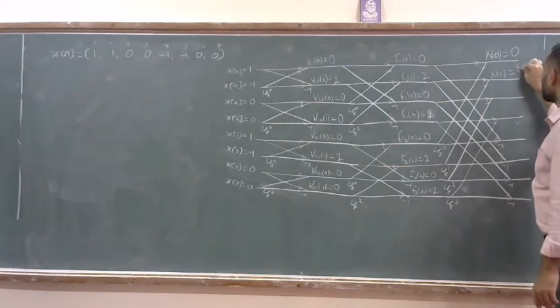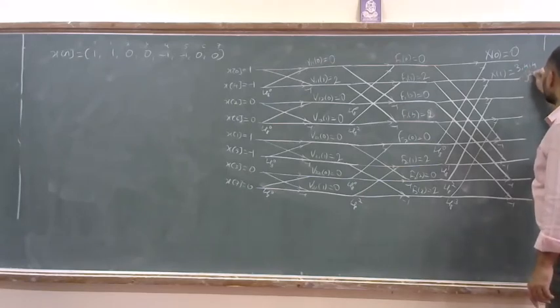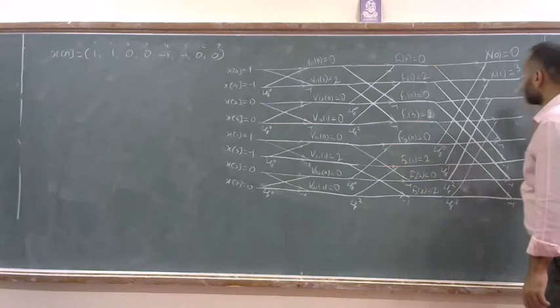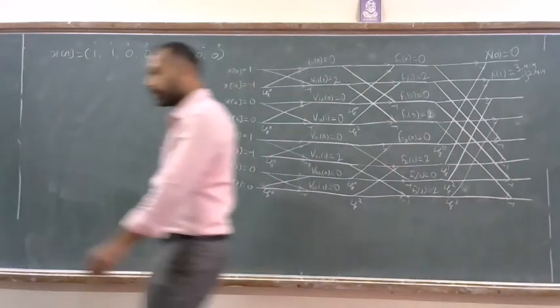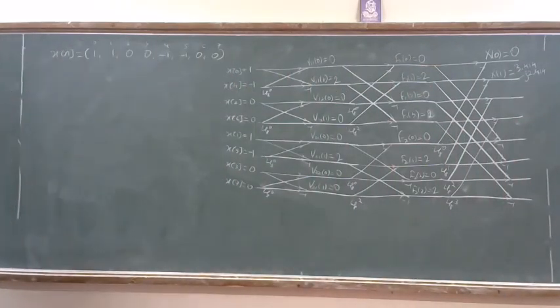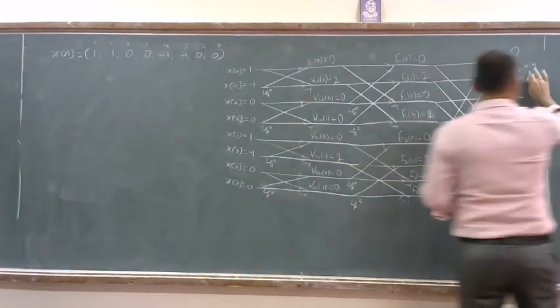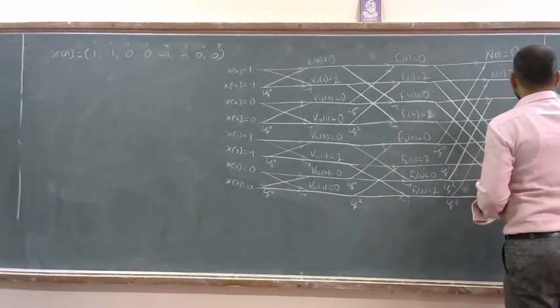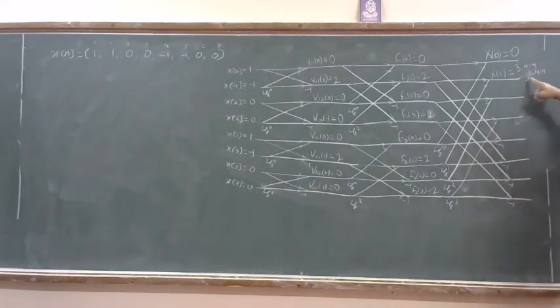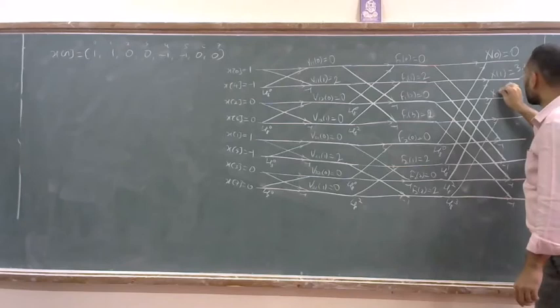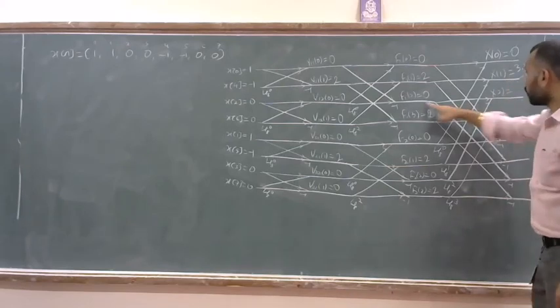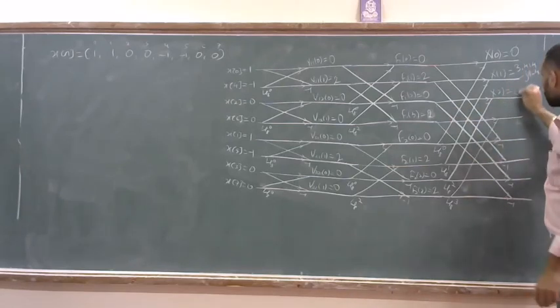So it will be 3.414 minus j 1.414. And likewise, x of 2 will be 0 plus 0, so 0.